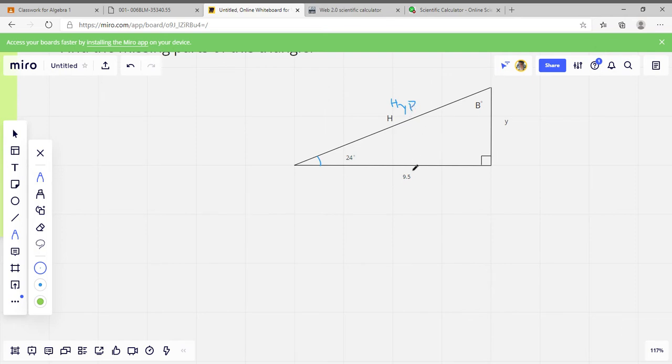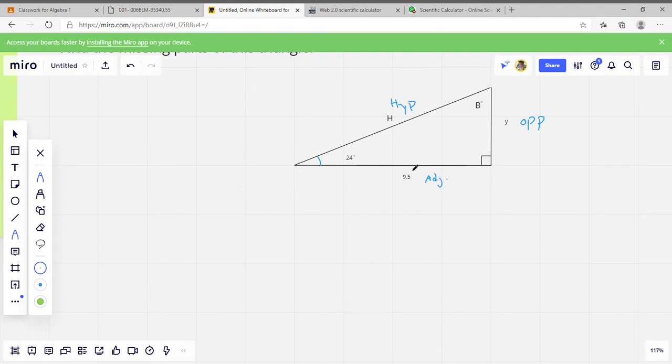And then across from the angle that we're looking at is going to be our opposite. So y would be our opposite. And then this one would be our adjacent.